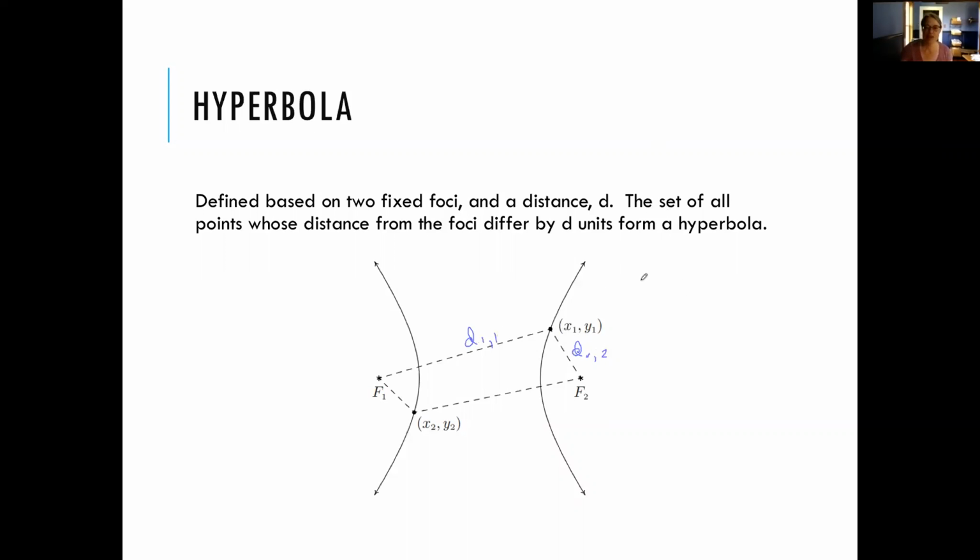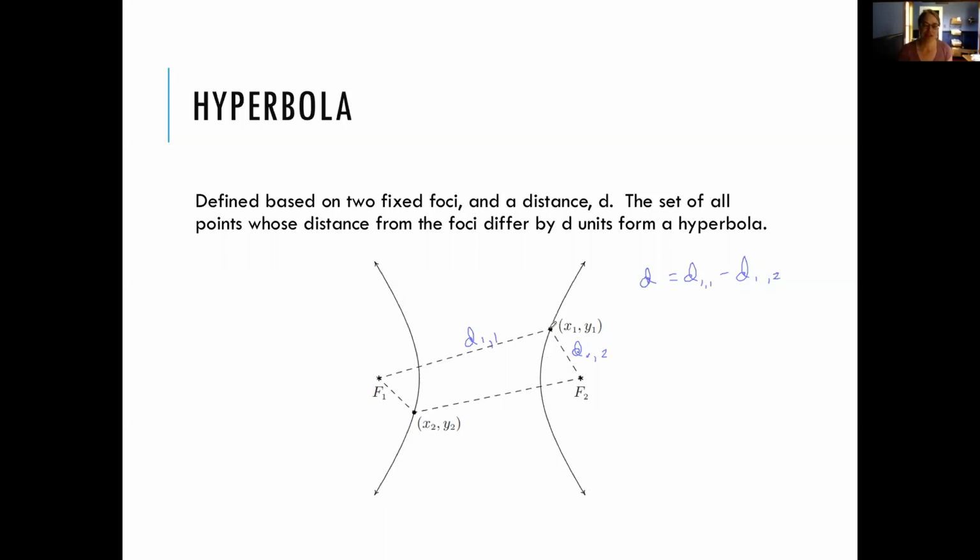What we're saying is we're going to define some distance d that is equal to d1,1 minus d1,2. And whether we're talking about a point on this half of the hyperbola or a point on this half of the hyperbola, like inverse functions, hyperbolas are always going to have two branches.